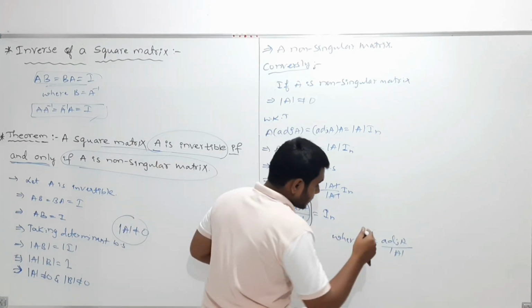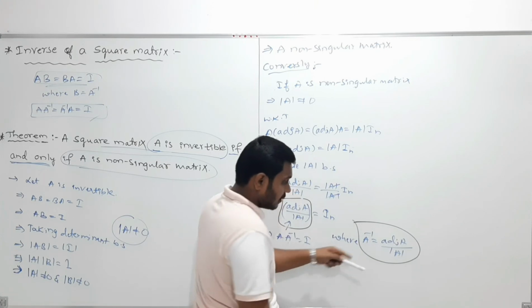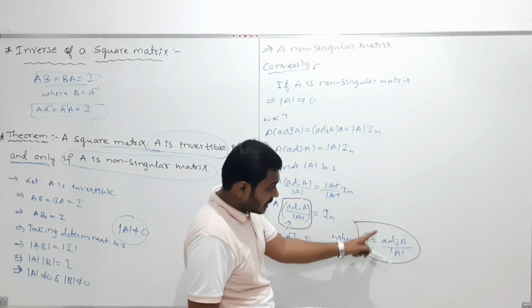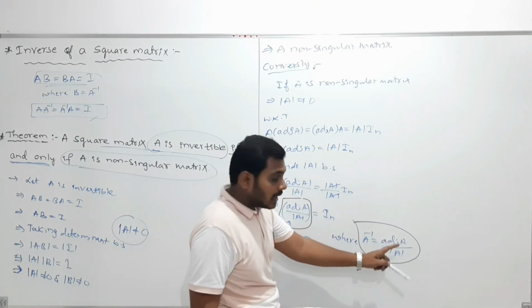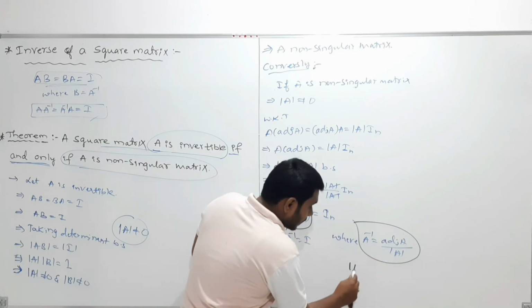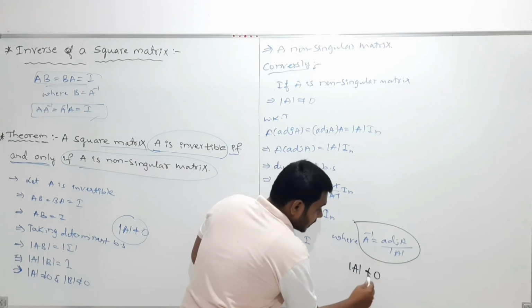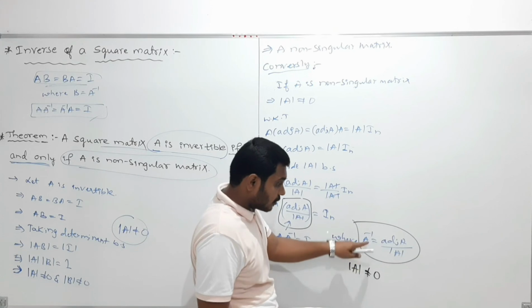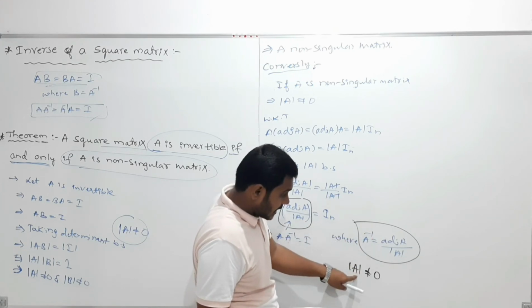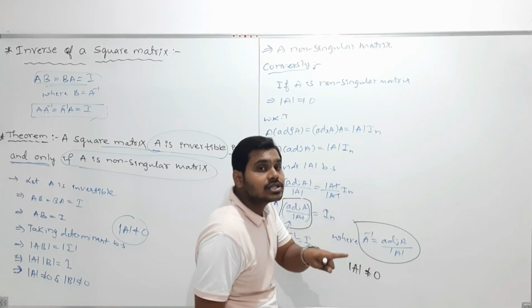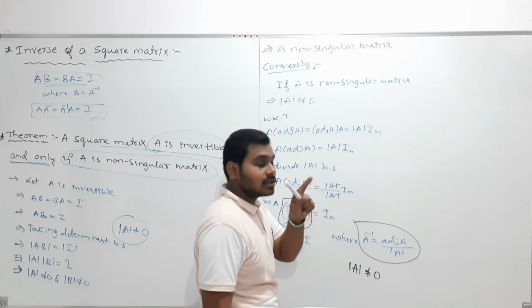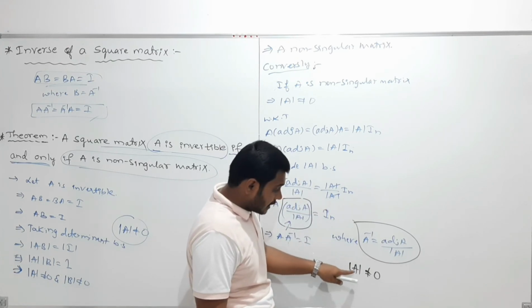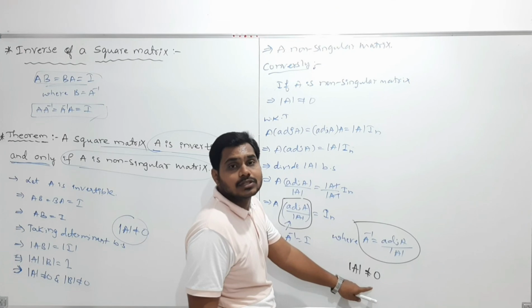So if you want to find A inverse, A inverse is equal to adjoint of A divided by determinant of A, where determinant of A is never equal to 0. Clear? So A inverse exists if A is non-singular. A is non-singular means determinant of A is not equal to 0.